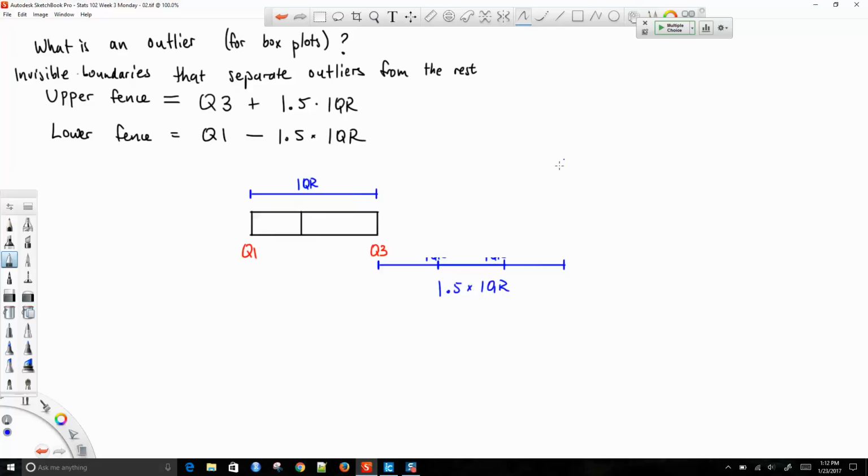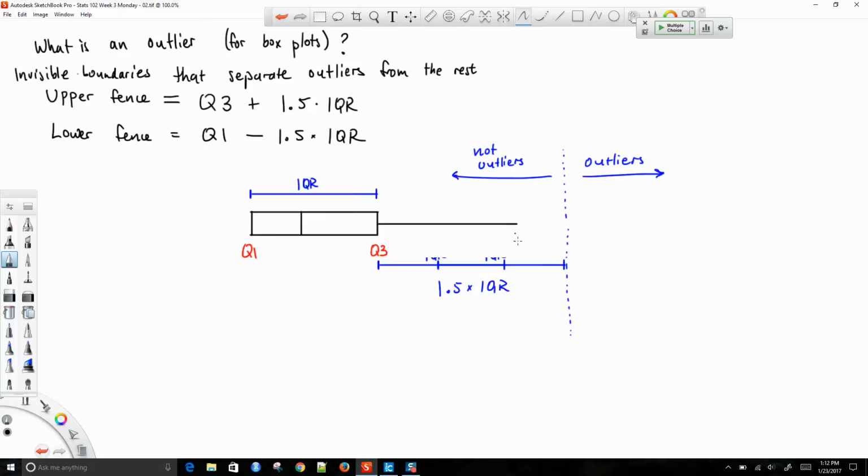This is where I would put my invisible boundary here, okay? So if we have data beyond here, data larger than this spot, these would be considered outliers. And these are not outliers. And so the whisker goes to the largest point that's not considered an outlier. It doesn't necessarily go to the fence.